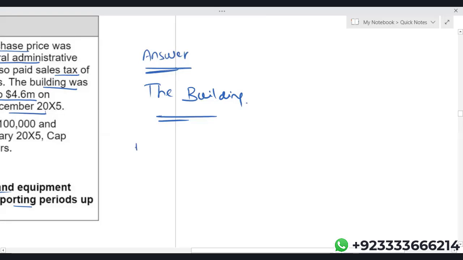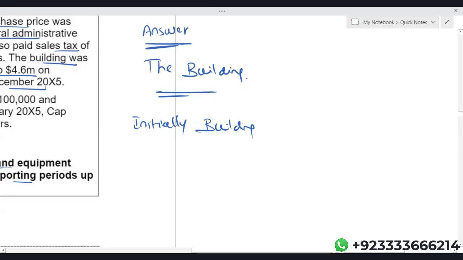Initially, the building is measured at cost: purchase price plus legal fees.